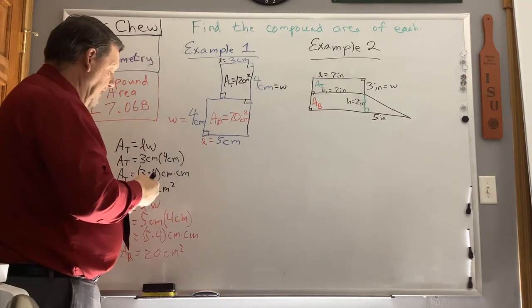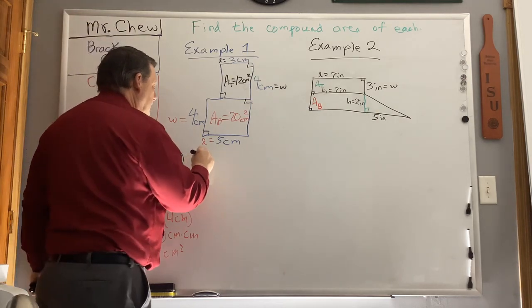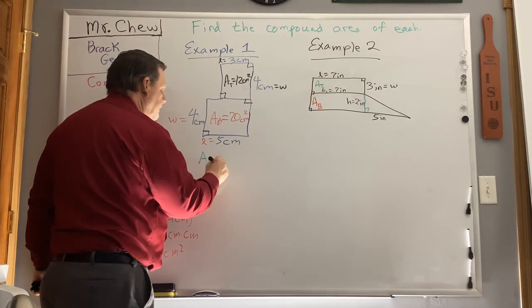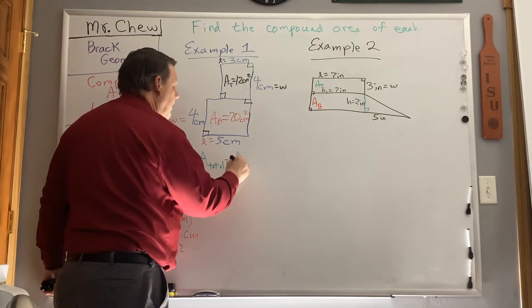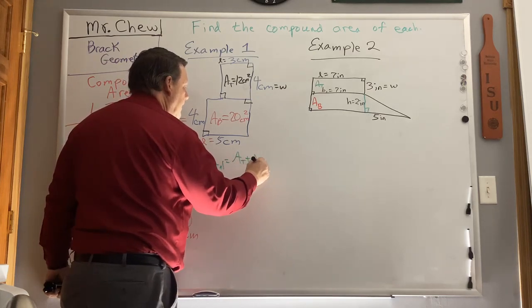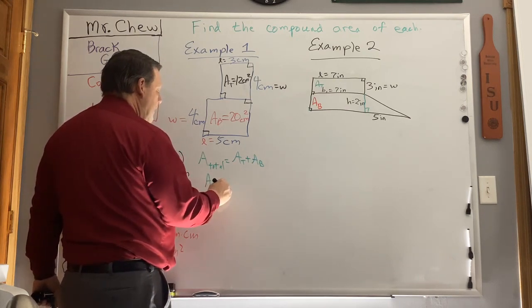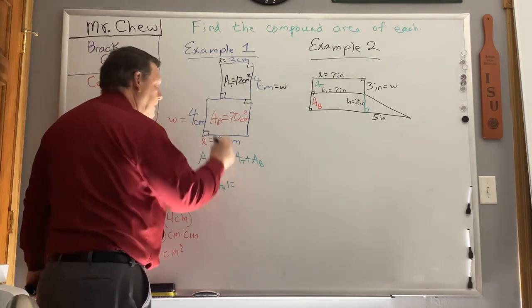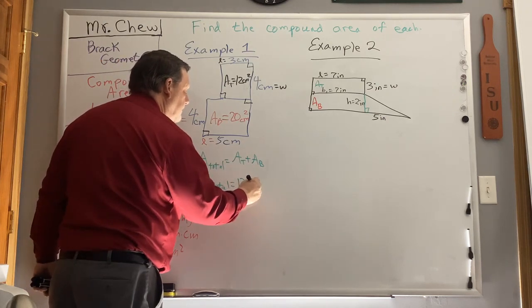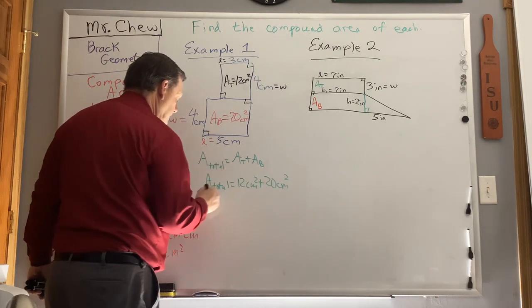All right, so now to find the total area now. So the total area is the area of the top plus the area of the bottom. So the total area, total compound area, is 12 centimeters squared plus 20 centimeters squared.